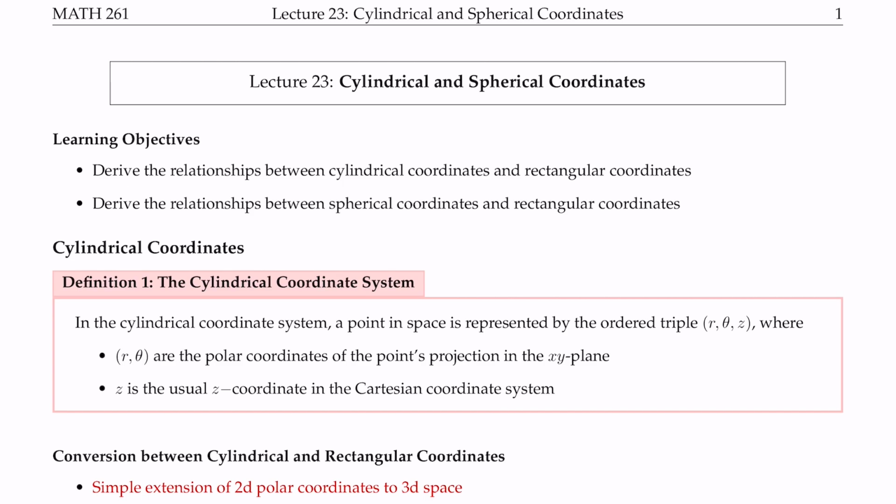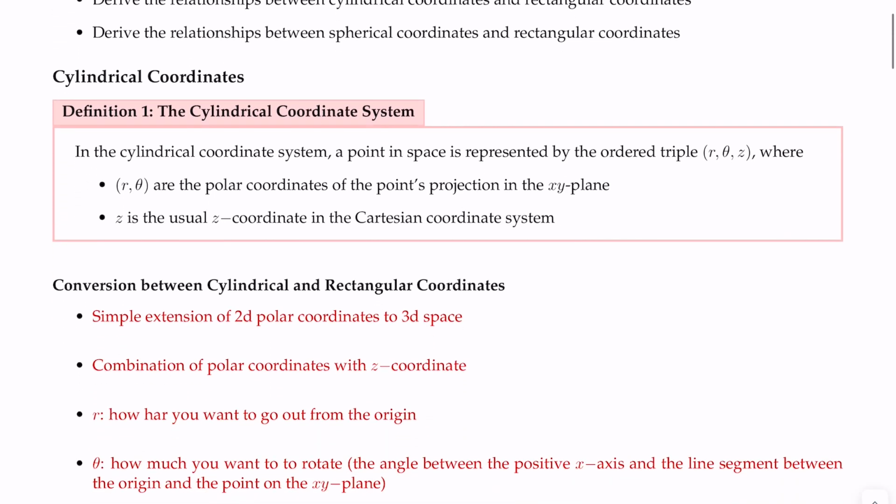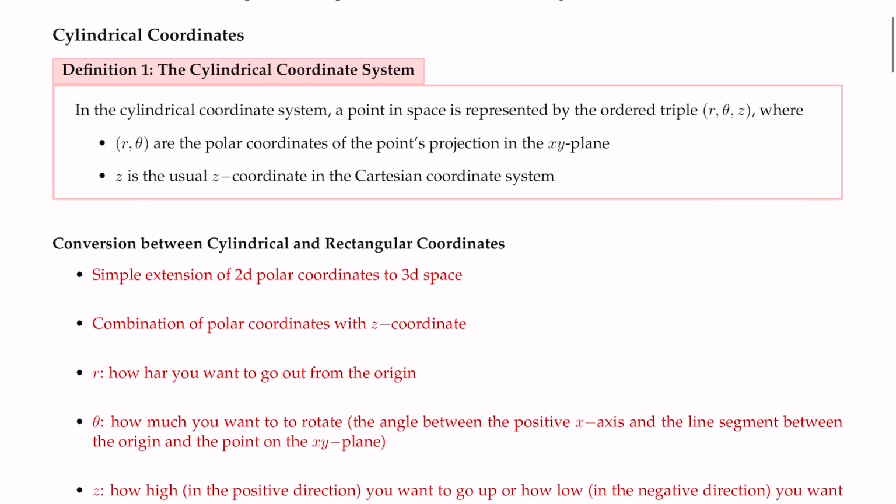So what is the cylindrical coordinate? It's actually very simple. This is just the extension of the polar coordinate system that you already saw in the last lecture or previously. In the cylindrical coordinate system, a point in space is represented by the ordered triple r, theta, and z, where r and theta are the polar coordinates of the point's projection in the xy plane.